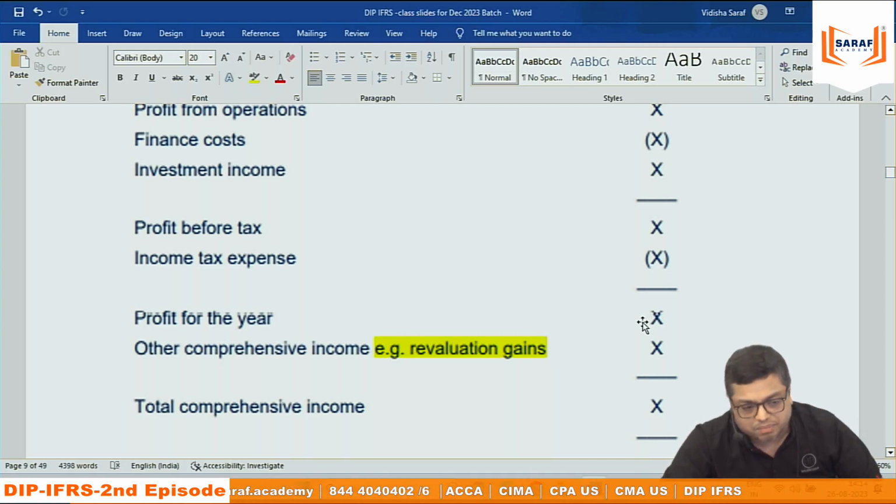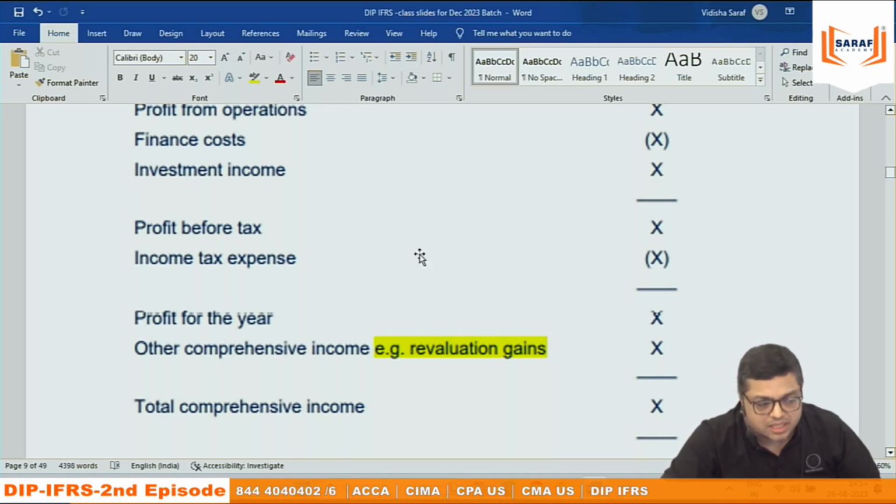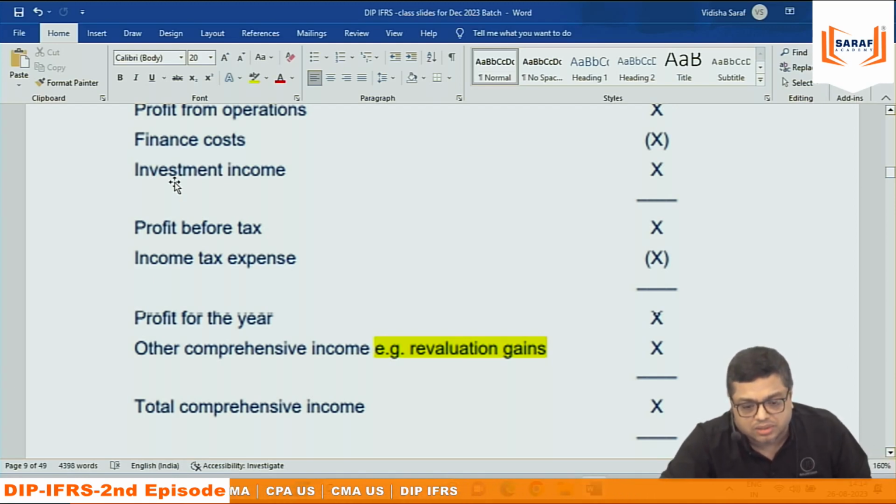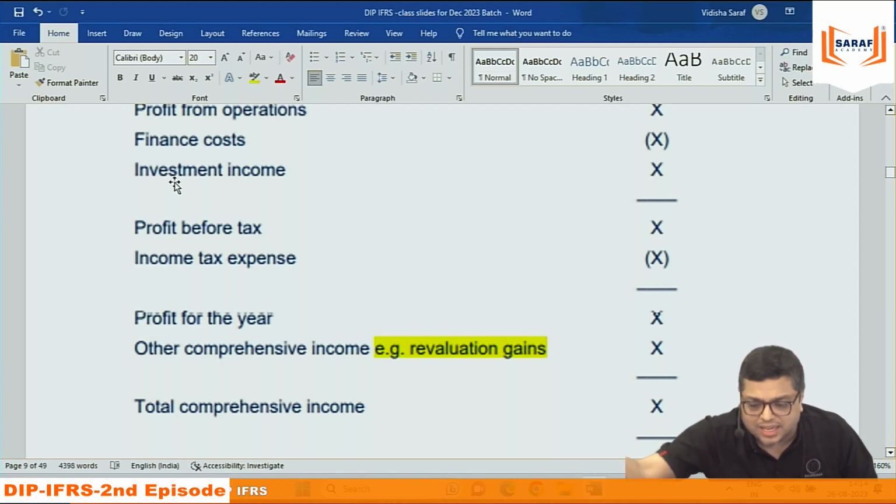They are not recorded separately in a statement of changes in equity, because if you start recording these separately, then why prepare a PL account? Then why prepare an income statement? Then you could write sales, revenue, and expenses there also. So all the income and expenses come here, and then the net profit for the year comes into the statement of changes in equity.